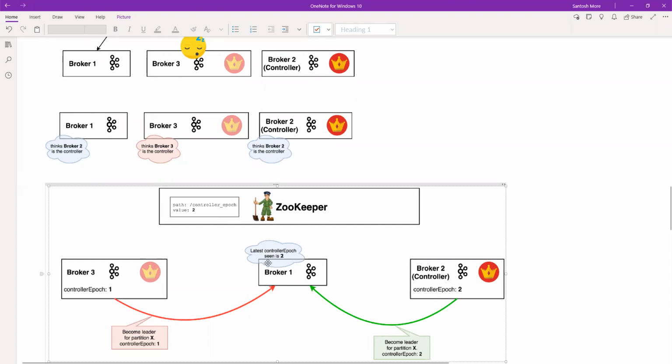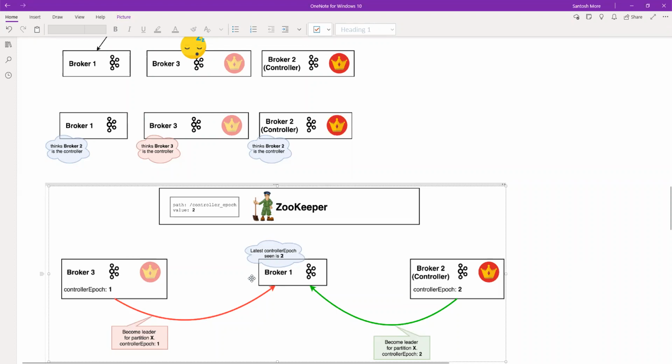Whenever one broker dies, or the first time a broker is assigned controllership, the value, say it was 1, will be updated when the second broker, in this case broker 2, becomes the controller. Whenever any controller broker sends admin messages, it always sends this epoch value also.